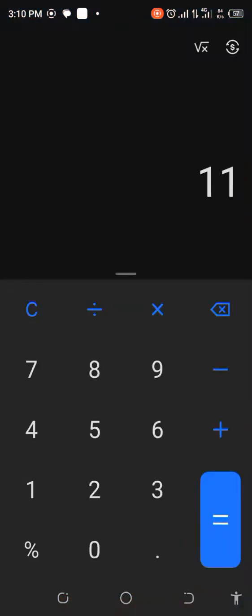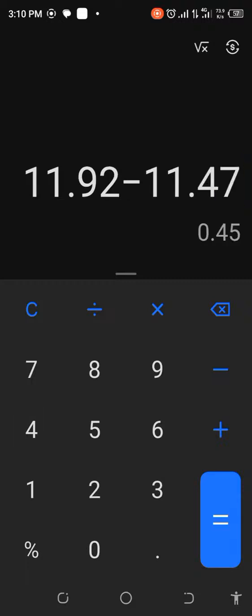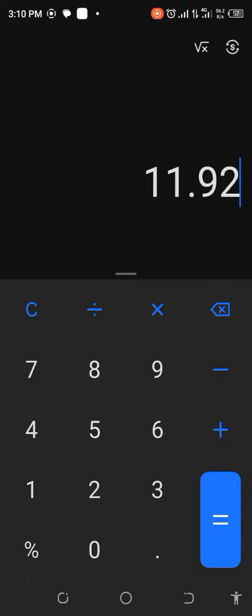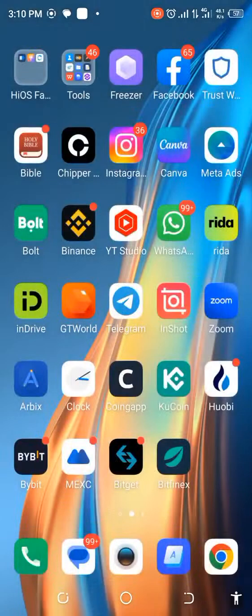So that's 11.92 minus 11.47, about 45 cents. That's about 4%, so we're in that range. That's exactly what we have now. Let's go ahead and see what we will get in real life.